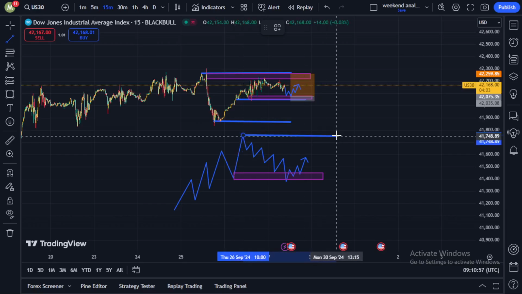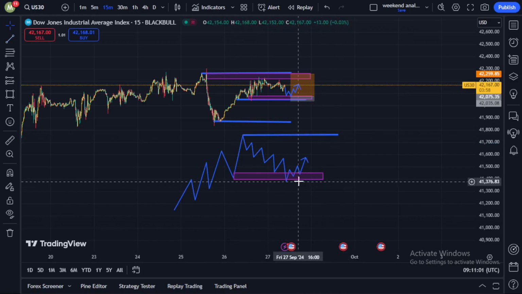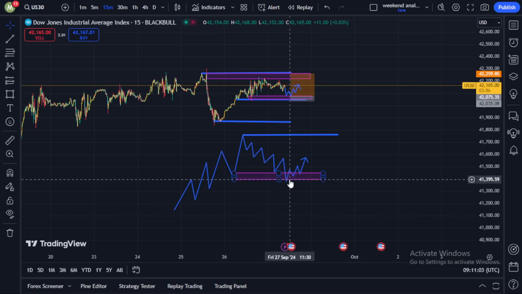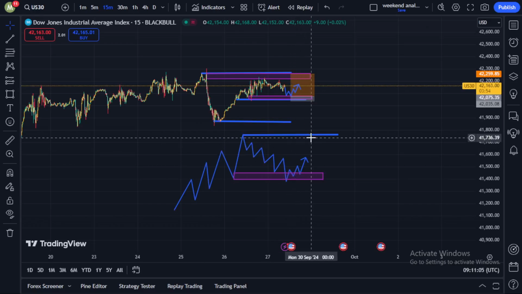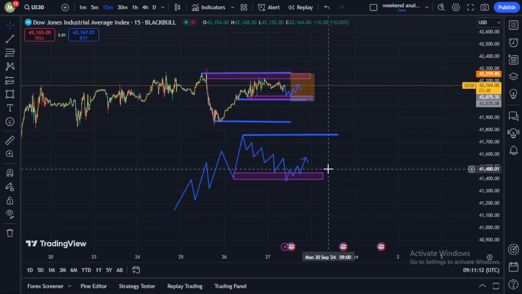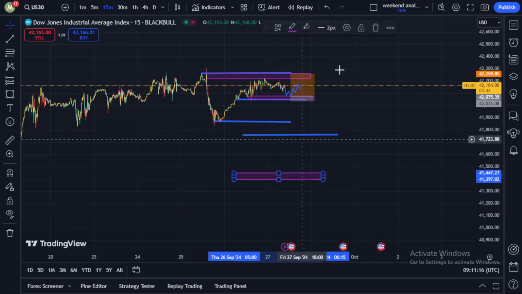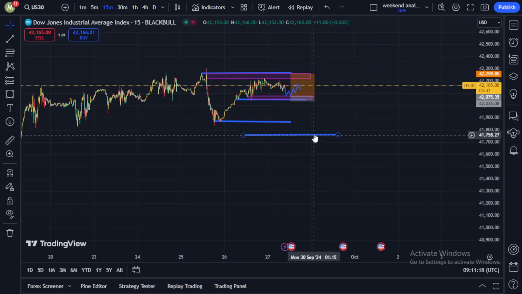You can clearly see this is my swing high, and here this is my swing low, which means I'm buying when price is at its lowest and I'm selling when price is at its highest, just like I want to do right here. Now you can clearly see that I'm using my trading plan and my trading strategy, guys. So another thing you want to do is not to be greedy.